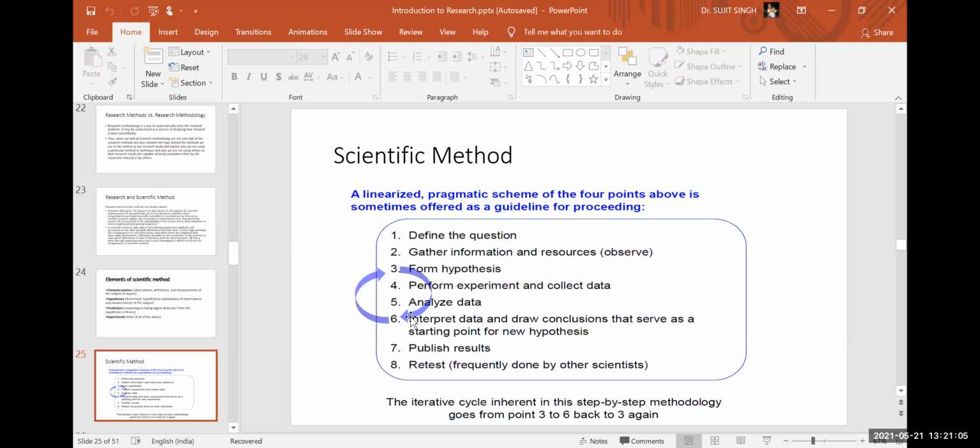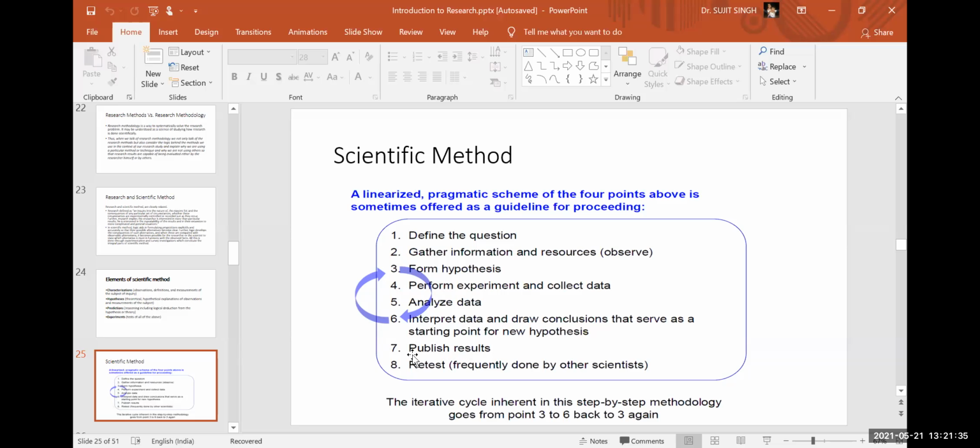If the conclusion is going to validate your hypothesis, then it's okay. You can go and publish your result. Otherwise, you are going to change your hypothesis again, perform your experiment and analyze data, and this cycle will go on till the hypothesis you have assumed is confirmed by the interpretation of the data, right?